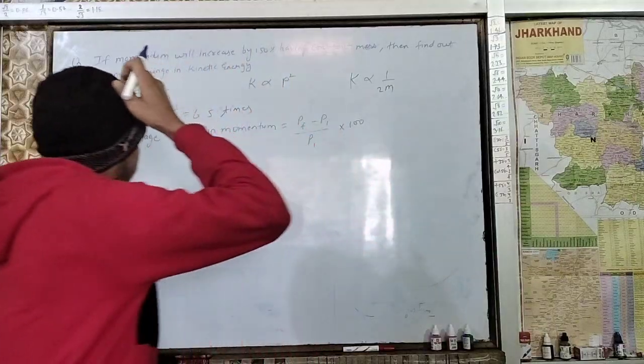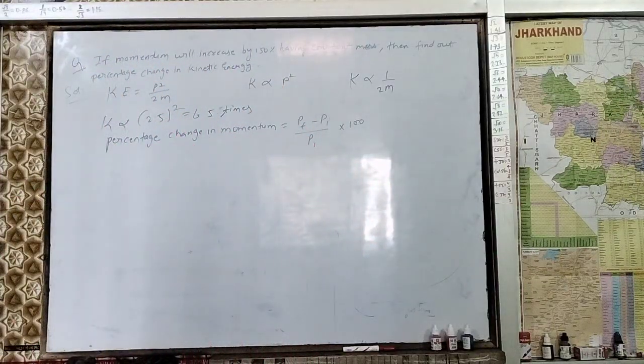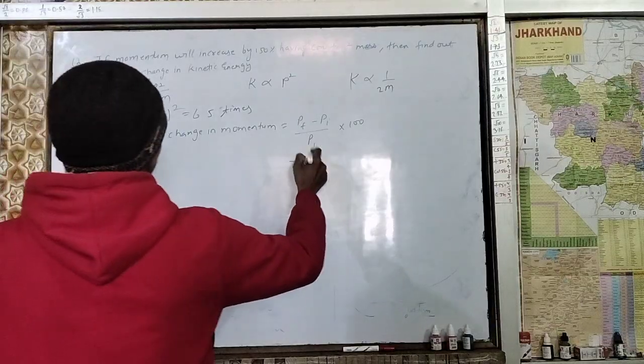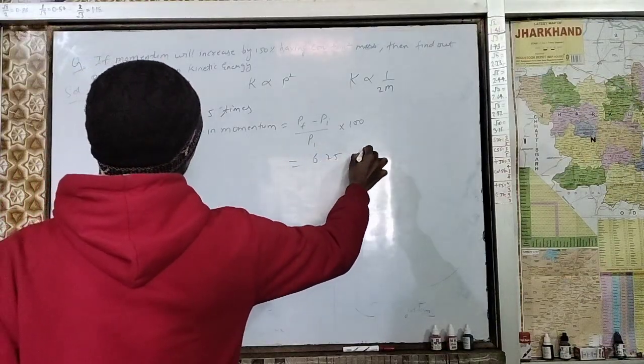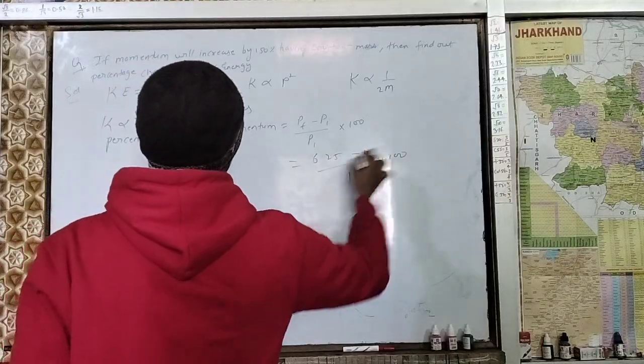This is our formula. Here final momentum is 6.25 and initial is 1, upon 1 multiplied by 100.